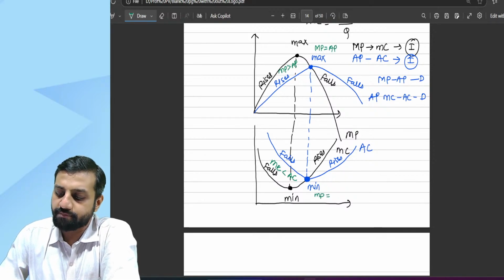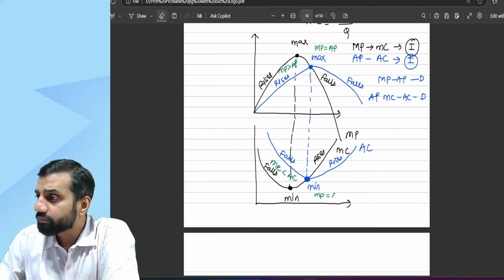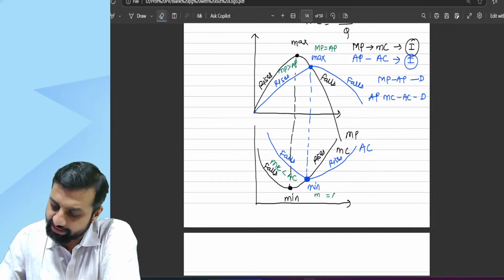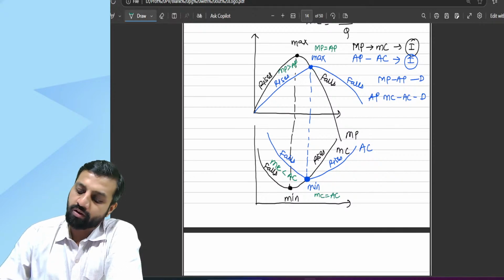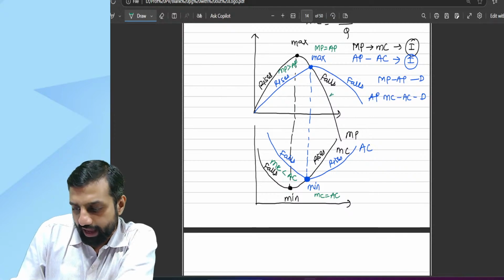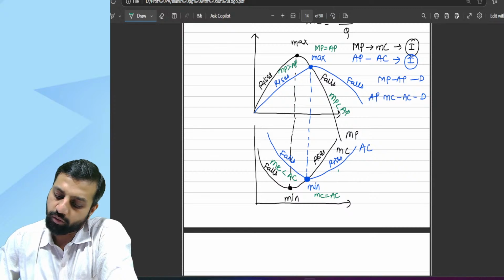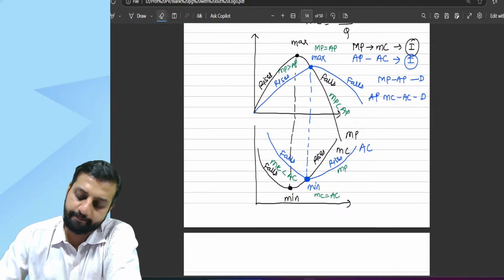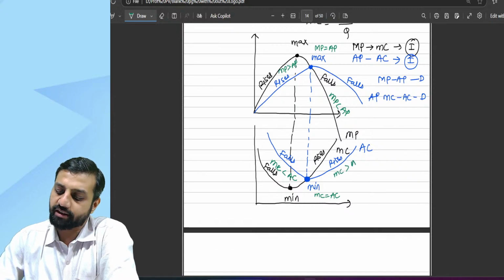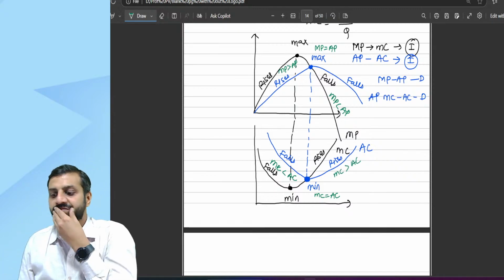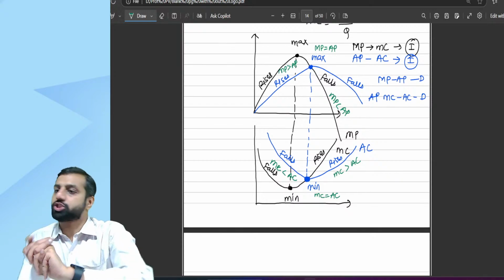Over here, MP is equal to MC is equal to AC. Over here, MP is less than AP. Over here, MC is greater than AC. So dear students, these are the concepts in cost.